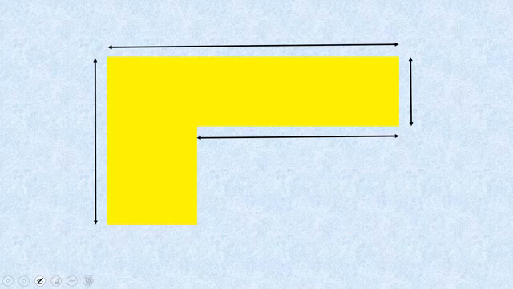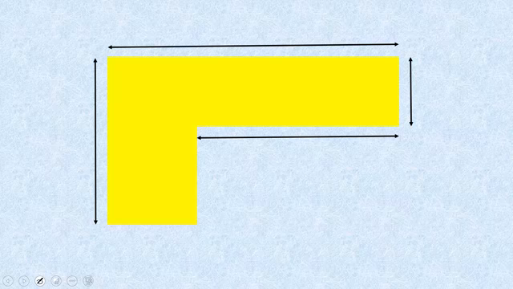So compound shapes are things like this. These are shapes that are made up of two or more rectangles stuck together. Normally we get a question where we're given some of the sizes of the sides, but not all, and we need to work out the missing ones.